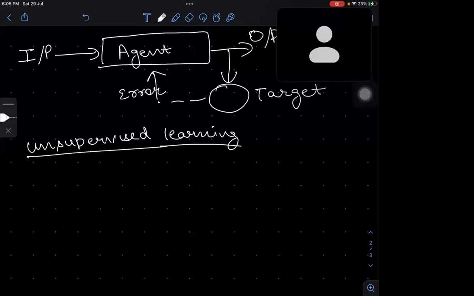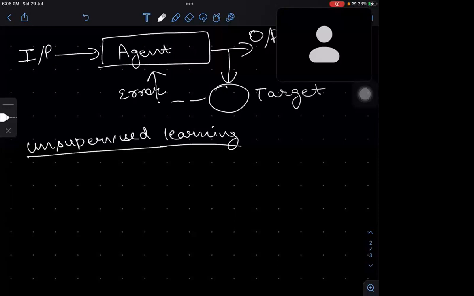We have only data, and from the data, we have to identify the patterns. Yes, you are absolutely correct. Some people have mentioned in the comments also, they are also correct, that data is unlabeled, and you are also saying correctly that we don't have the target and we have to observe its behavior and observe the pattern of that. That is basically unsupervised learning.